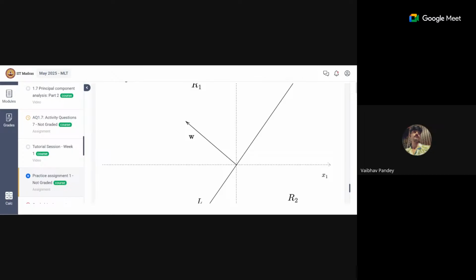Ma'am, W transpose X means the dot product of W and X. When we expand it, we get norm W norm X cos theta, and the angle is in the second quadrant, but in the second quadrant the cos is negative. Dot product of W and X is what?